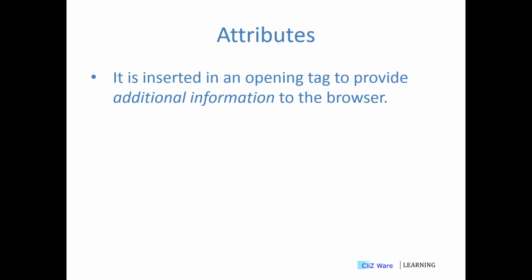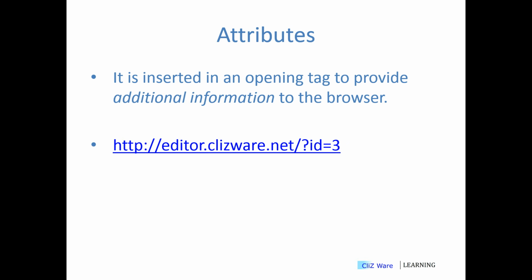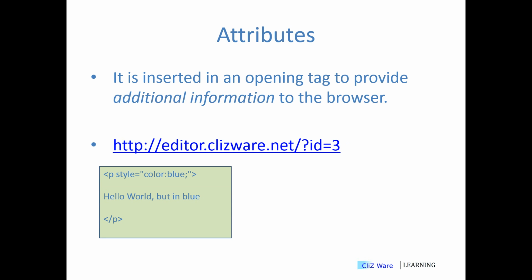So if I have a style attribute, I can specify the color and anything that I can do in CSS. In the example above, if you type this URL into your web browser, you're going to see something like P style equals color equals blue. And what this is going to generate is this text, and you can see it's in blue.